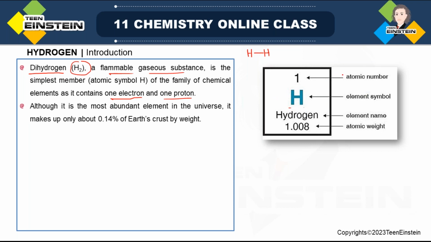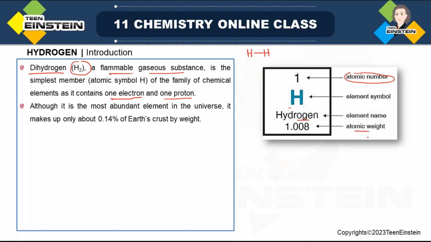As it has only one proton, the atomic number is 1. Its element name is hydrogen, but in daily life we also call H2, the diatomic form, hydrogen. So dihydrogen and hydrogen, both terms are used for the same thing.